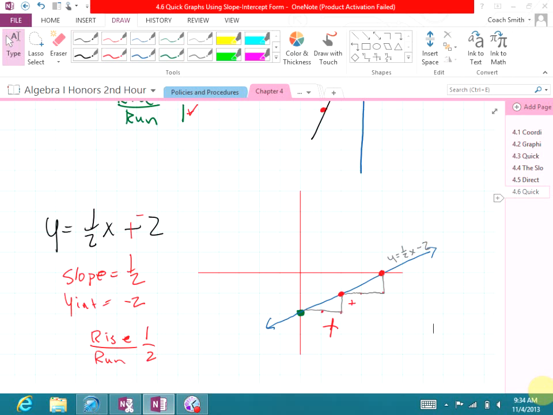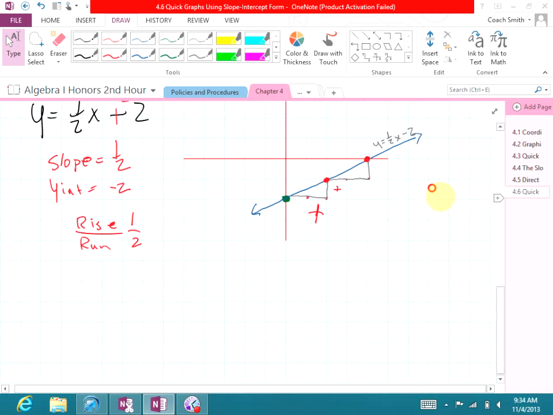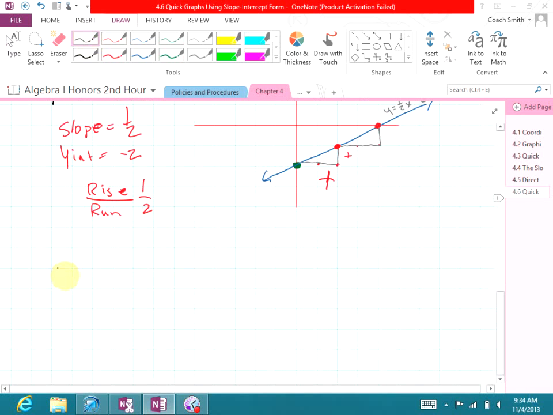Now, obviously those they have given us in slope-intercept form. So let's say they give us this one: 3x plus 4y equals 16. Okay?